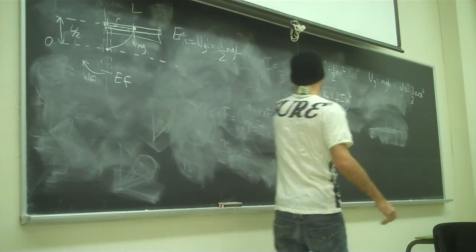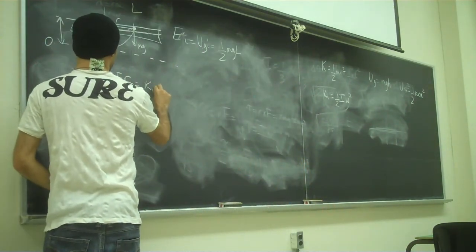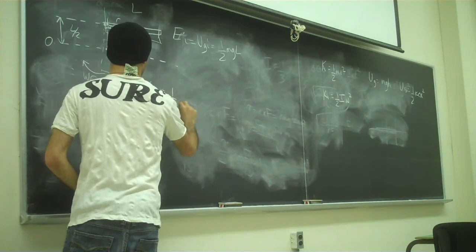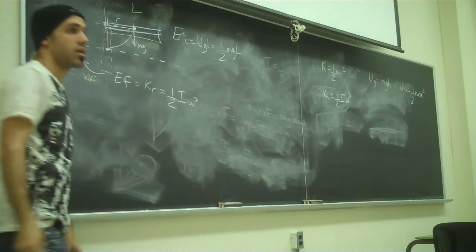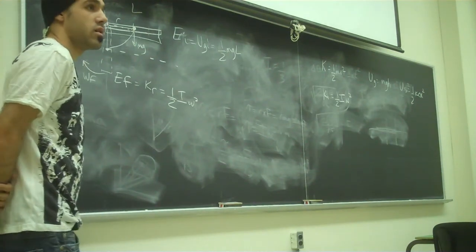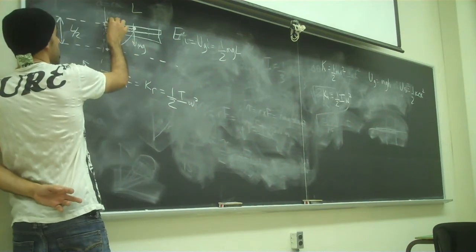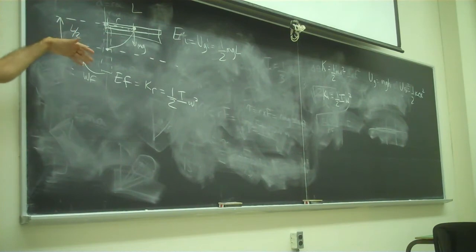So here, E final is just K rotational, which is 1/2 I omega squared. Now, because gravity is a conservative force, and we're assuming there's no friction between the axis of rotation or the hinge, energy is conserved.